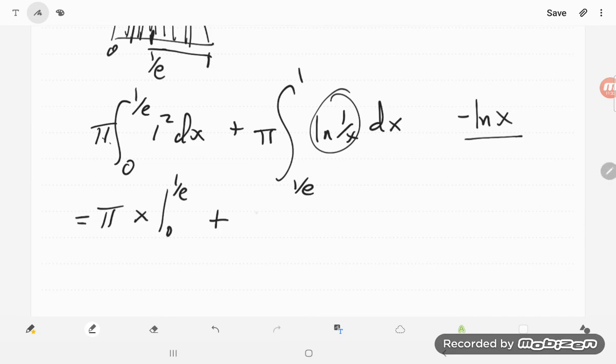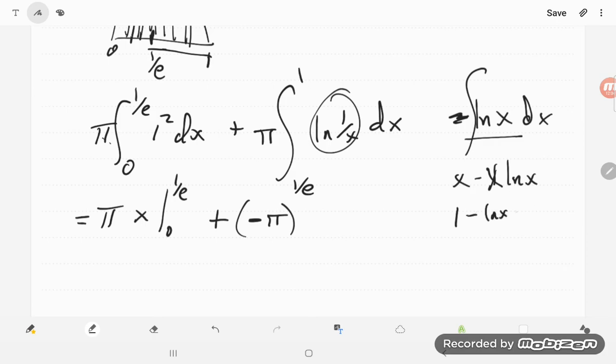Now I can move the negative out, so I can do minus pi here. Now that antiderivative of that thing, let's get rid of the minus. I think it might be x minus x log x. That might be it. Take the derivative of this, right? I get 1, and then minus log of x, and then minus x over x, which is 1.